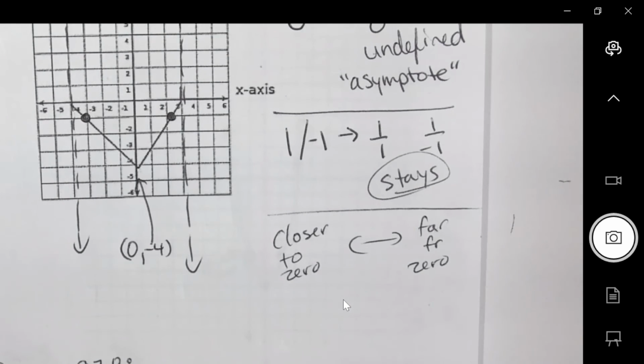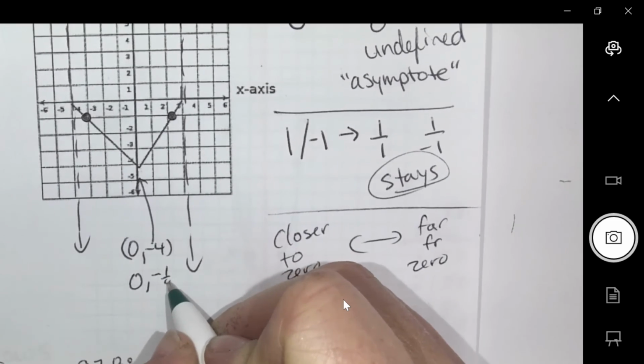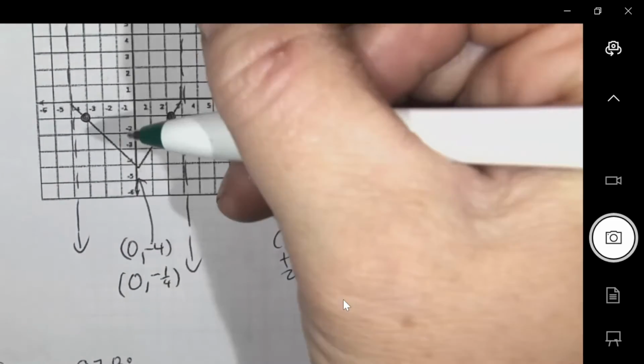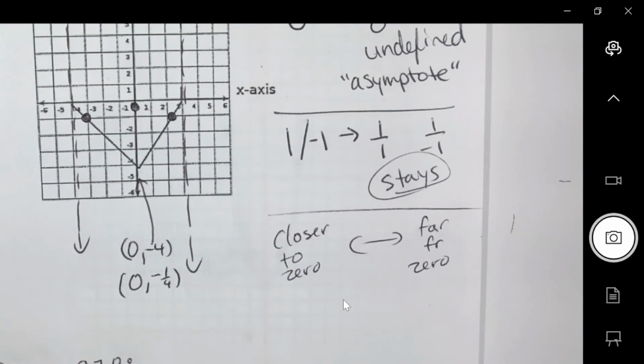Where would it move to? 0, negative a quarter. So it was the farthest away from the 0 line, so now it's the closest.